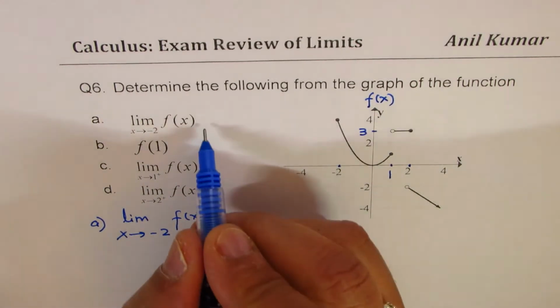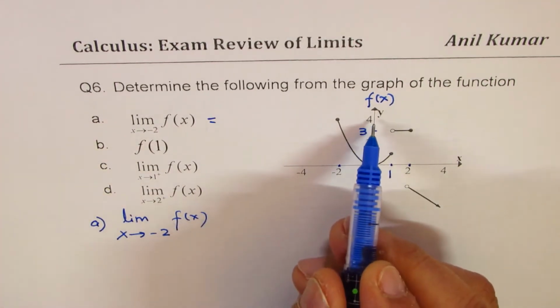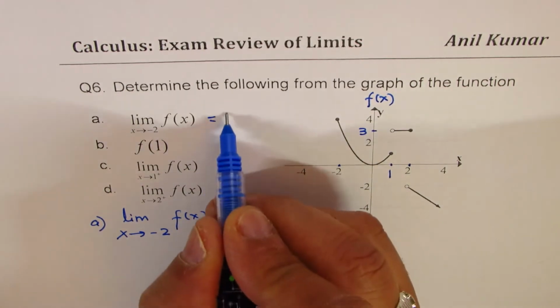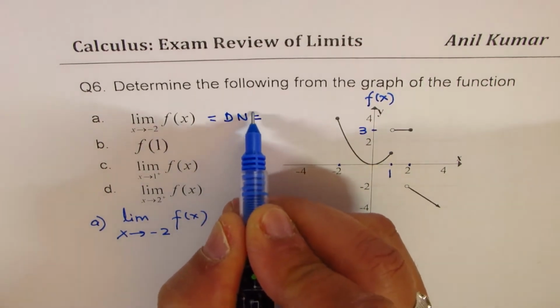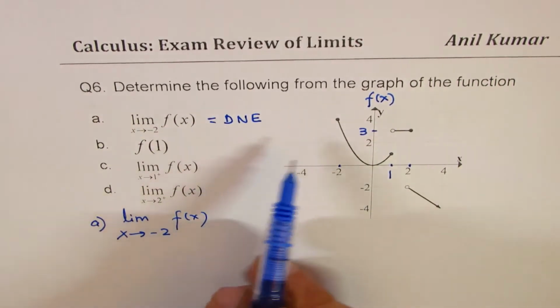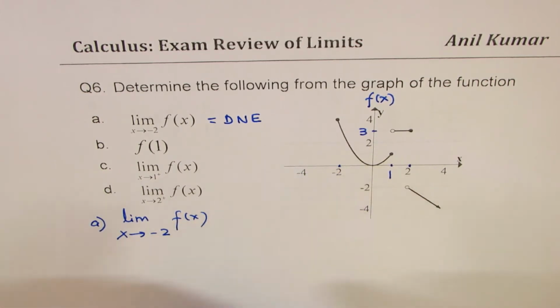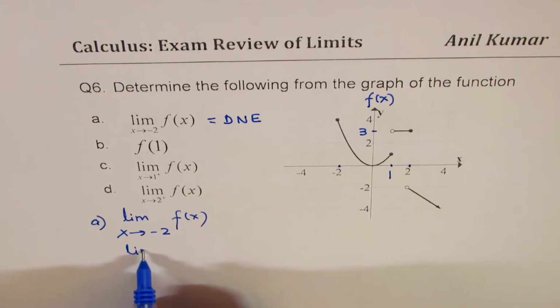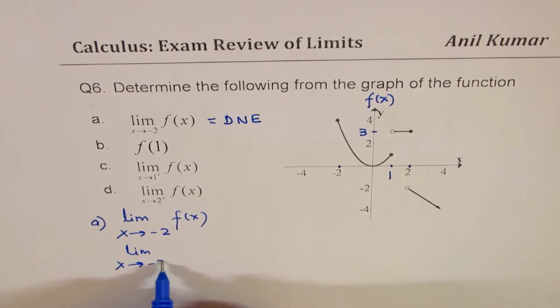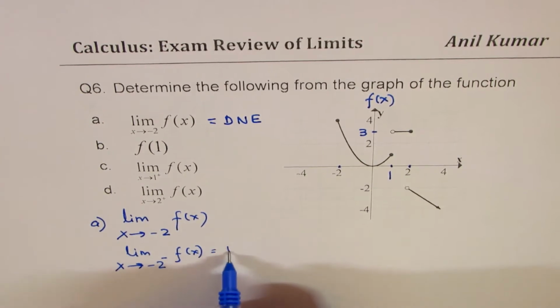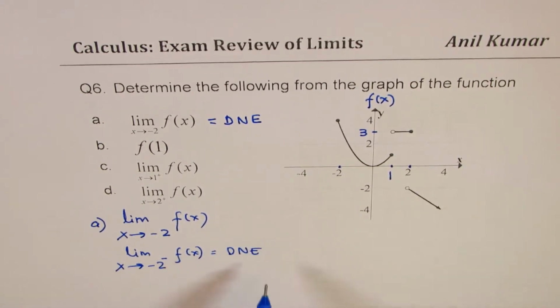Well, some of you might have answered this as 4, which is a wrong answer. This limit does not exist. The reason is that the function is not defined from the left side of -2, simply because the limit when x approaches -2 from the left side for this function does not exist. Is that okay?